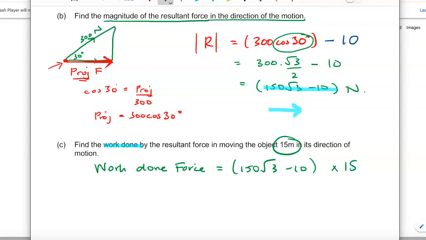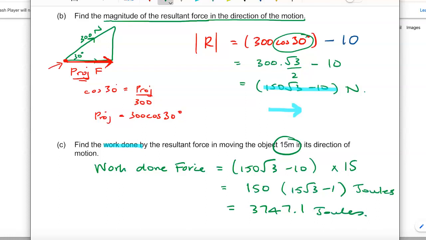So multiplying this, we end up with 150 times 15 root 3 subtract 1 joules. I've multiplied by 15 and just taken out a common factor of 150. And this equates to 3,747.1 joules.